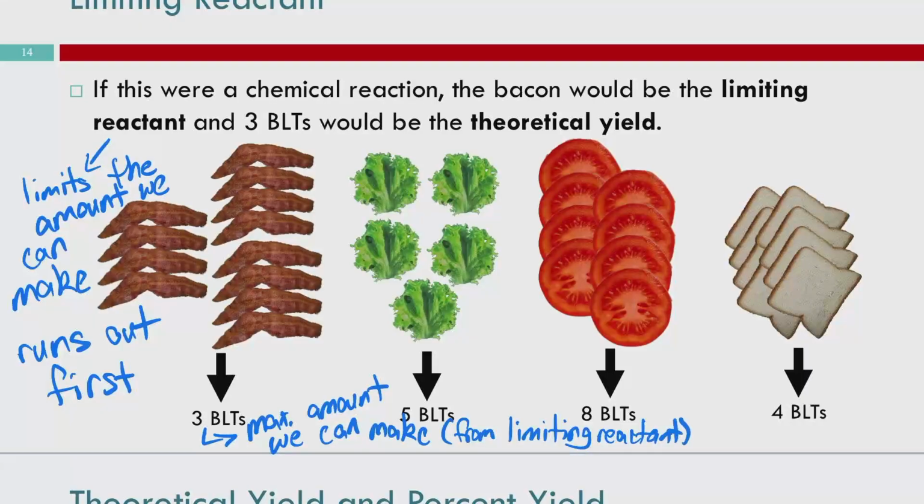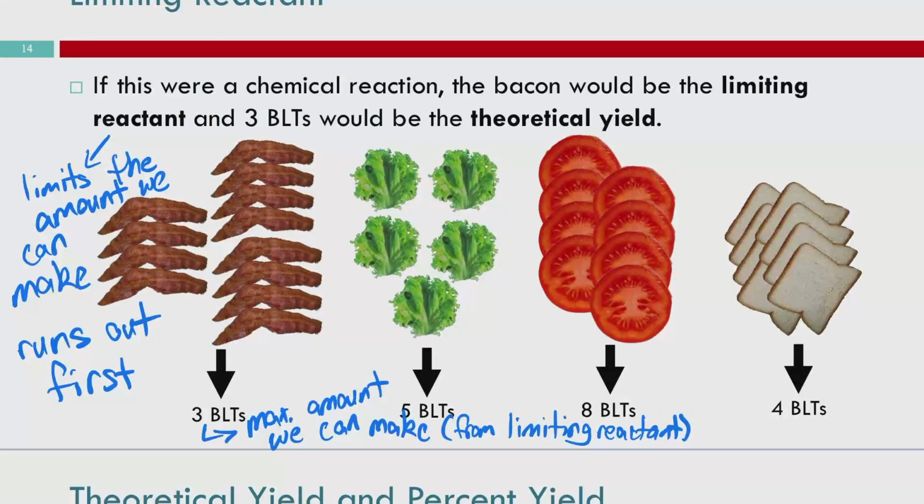There's sometimes some confusion with theoretical yield, that theoretical yield being the maximum amount that we can make. Sometimes people will say, oh, it's 5, or it's 8, or it's 4, but remember that we'll run out of bacon first, and so 3 is the most that we can make. We can't make any more than 3 BLTs.